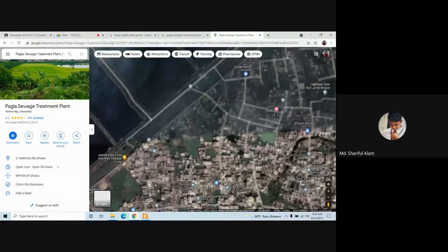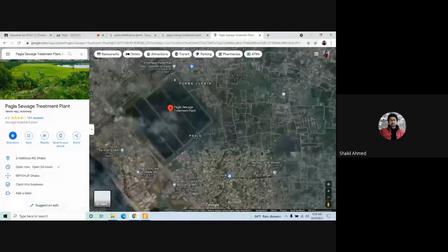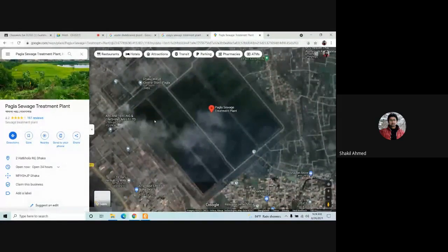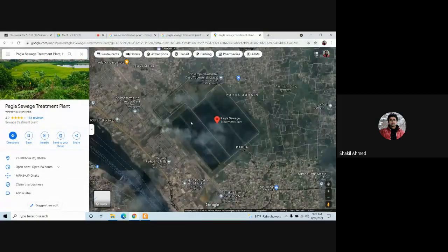Yes, sir. And look at this pond. This is huge. So the Pagla waste treatment plant, and these are actually waste stabilization ponds. So these are open land, so it gets sunlight.